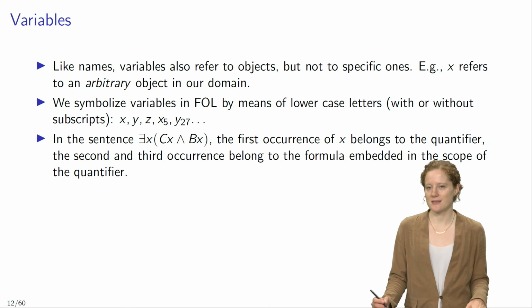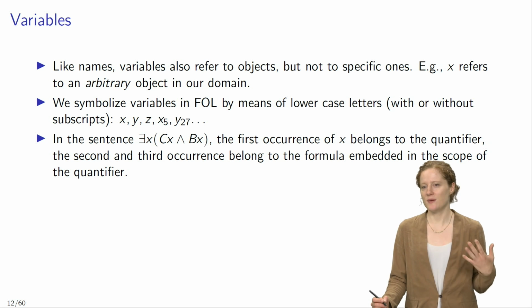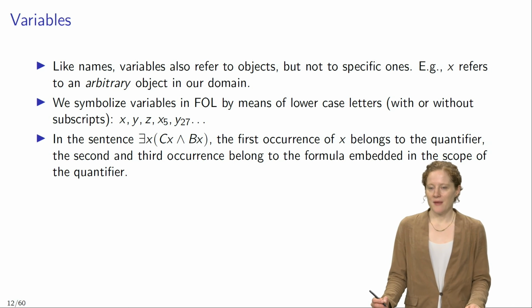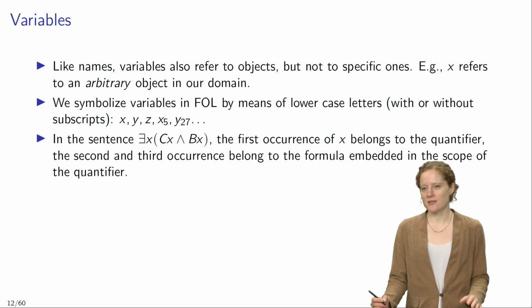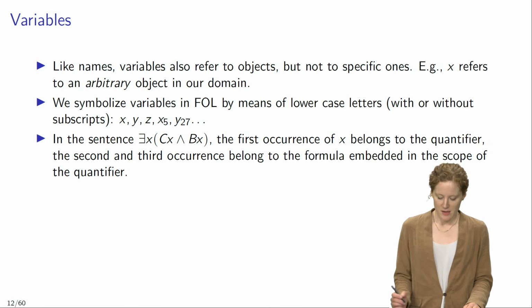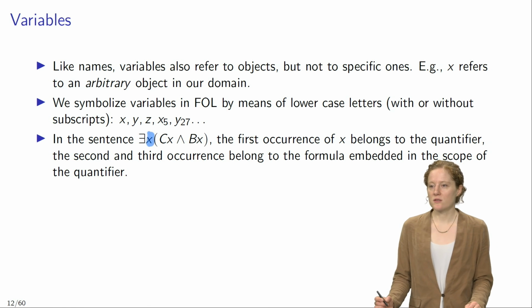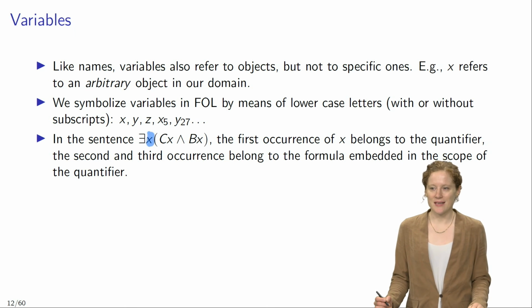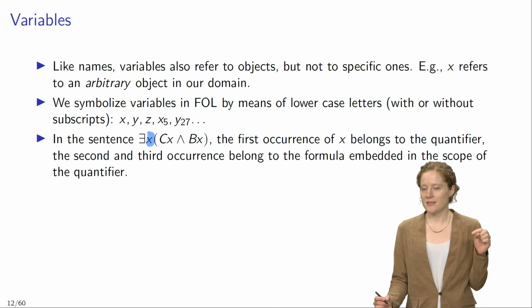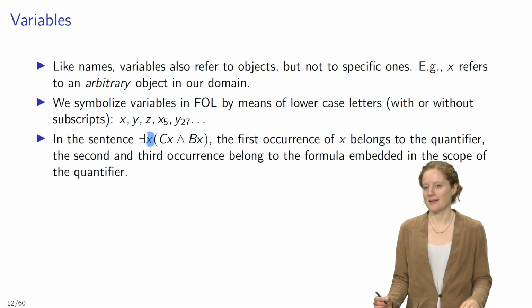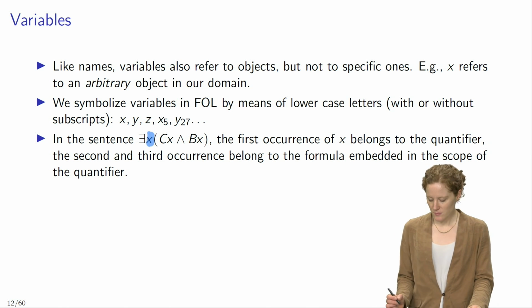There is an x such that Cx and Bx, and here the different occurrences of the variable x play importantly different roles. The first occurrence belongs to the quantifier. So the reverse E by itself is actually not a complete quantifier. Only the reverse E together with the variable x is a quantifier.